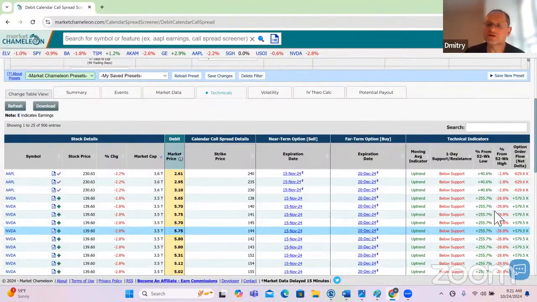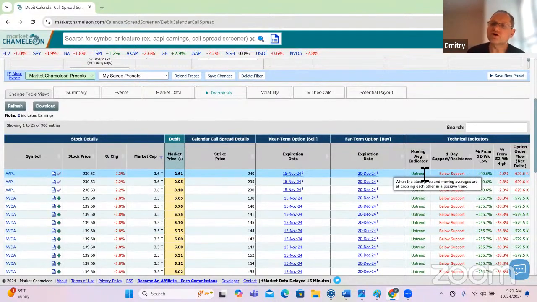So this shows an uptrend, and if you hover over it, it'll explain it to you, saying that Apple has been moving in an uptrend, meaning the moving averages are all aligned, the shorter term above the longer term.